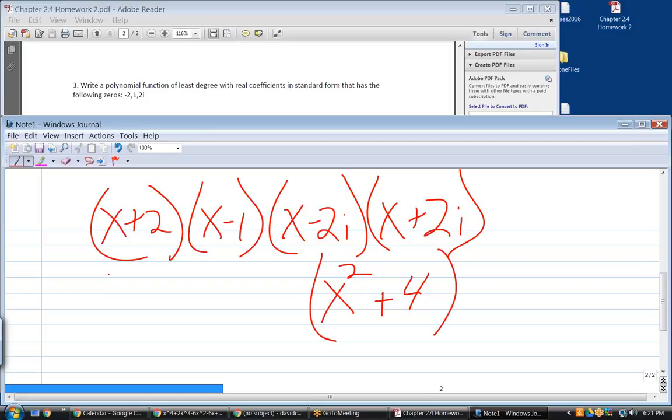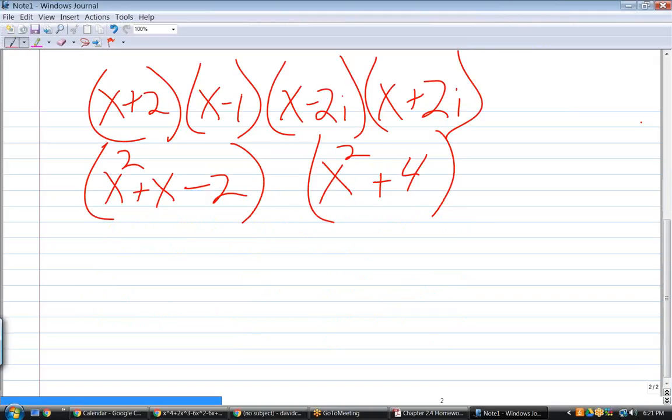And then this becomes x squared plus x minus 2, which is a trinomial. You know how to multiply a trinomial by a binomial? No, I don't. Because to come up with a polynomial, that's what we need to do here.